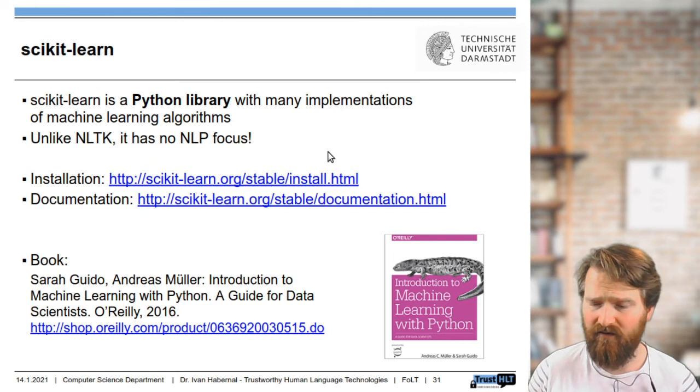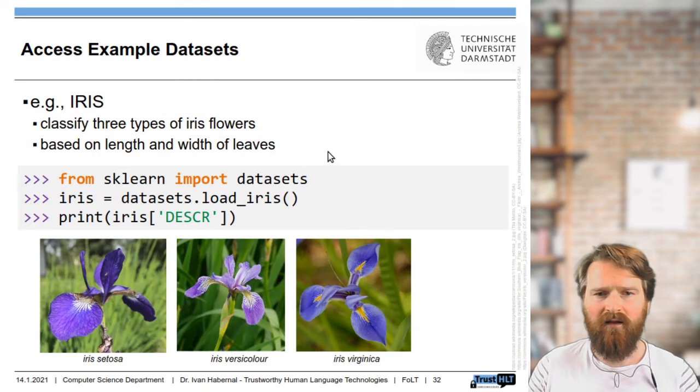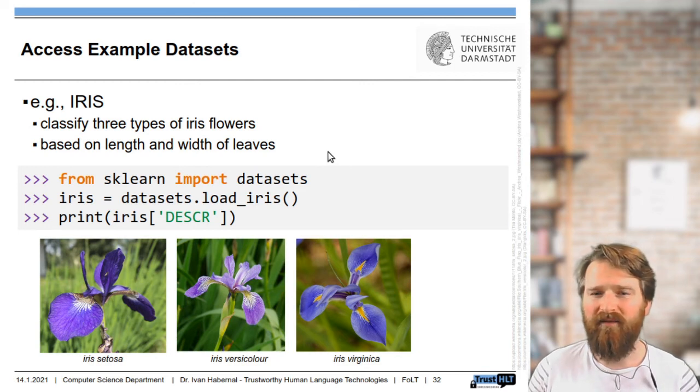And we will have here some examples on image processing, basically, very simple ones. The most famous data set for basic machine learning is the iris data set. So we have these beautiful plants, and we want to classify them into 3 classes.